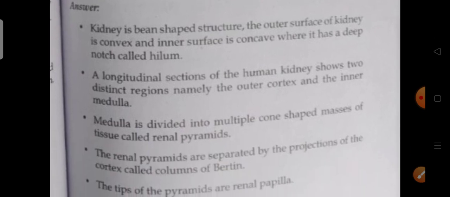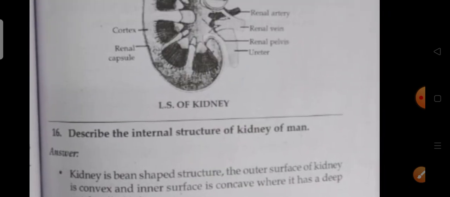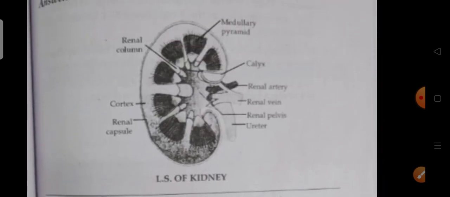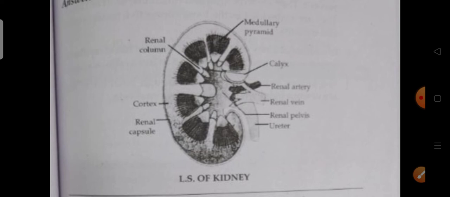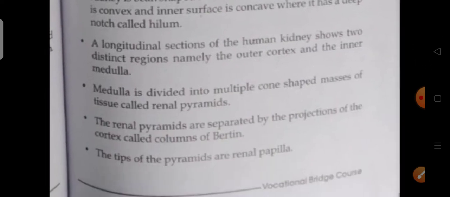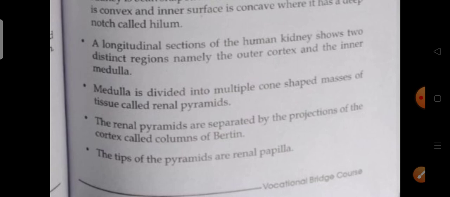The kidney is a bean-shaped structure. The outer surface of the kidney is convex and the inner surface is concave, where it has a deep notch called the hilum. See here: convex, cortex, renal column, renal capsule, ureters, renal vein, everything. It's clear now? Longitudinal section of the human kidney shows two distinct regions, namely the outer cortex and inner medulla.